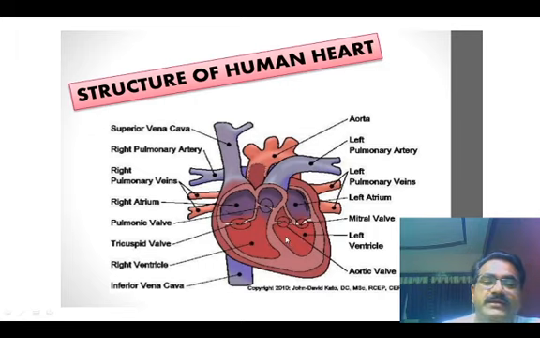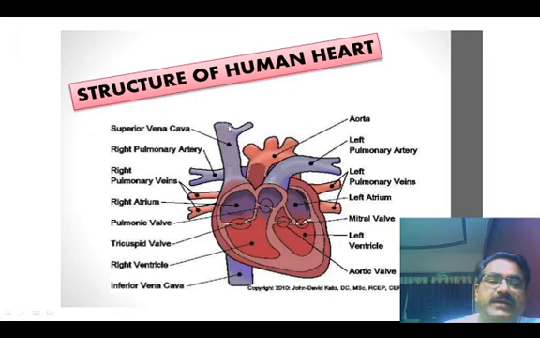Okay. Then the right auricle receives the impure blood with the help of two major veins, known as the superior vena cava and the inferior vena cava.